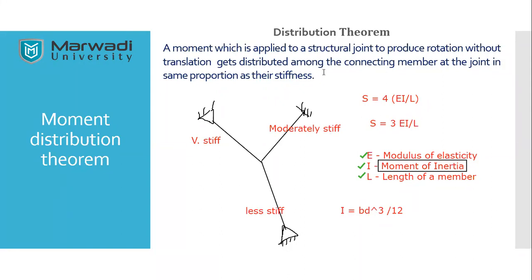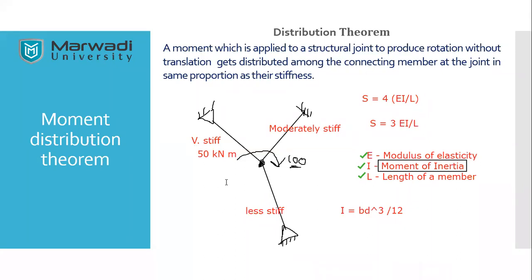So what happens exactly in the structure when I'm applying a moment of 100 kilonewton meter at this particular joint? This moment will be transferred to each and every member. But how will it transfer? It will transfer according to the stiffness. So the stiff member will be carrying 50 kilonewton meter of moment, as in the previous case, the stronger man was lifting 50 kg weight.